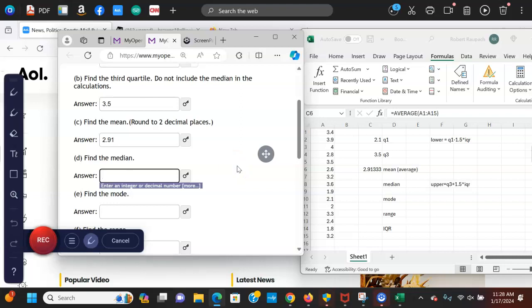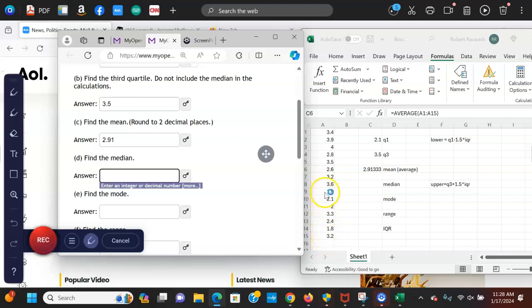The median is, I'll explain Q1, median and Q3 real quick. If you had all this data and you put it in order from lowest to highest, the median is the number that's right in the middle, not the average, but the number that actually sits right in the middle.